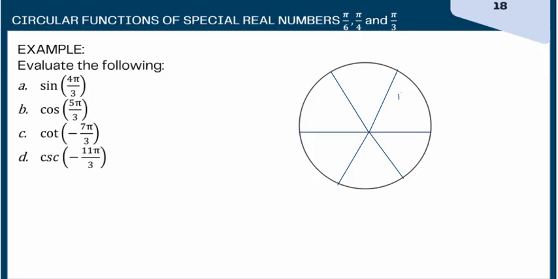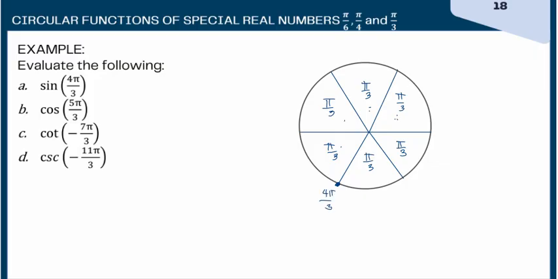So, meaning each of the portions is just pi over 3. So, meaning, if we are going to find 4 pi over 3, that is counting starting from here, kasi it's a positive value, we start off counterclockwise. So 1, 2, 3, 4.